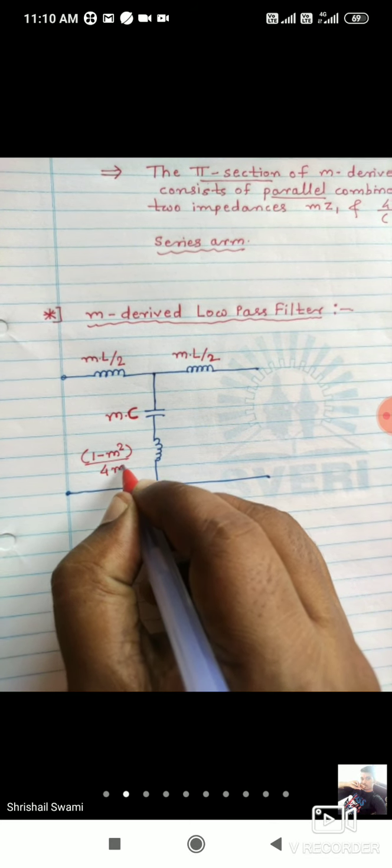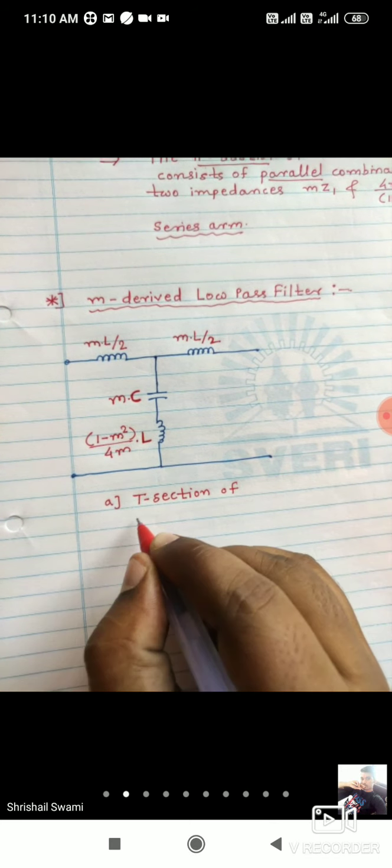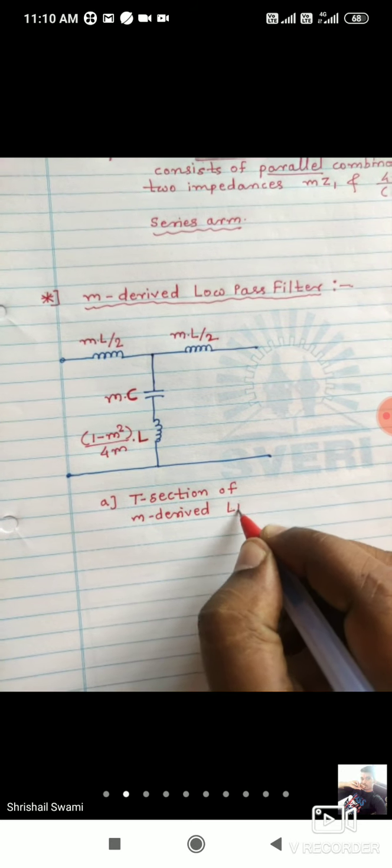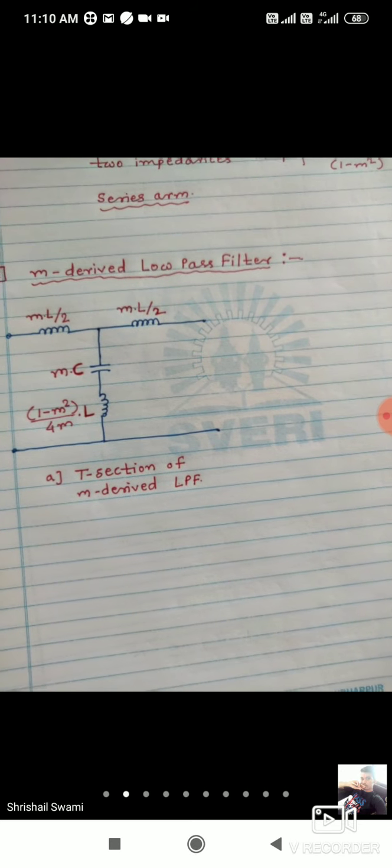Z2 by m is correct, but when it is a capacitor it is exactly reciprocal, so actually m into C. And next, the inductor, for Z1: 1 minus m square divided by 4m into inductor L. So this is called the T section of m derived low pass filter.